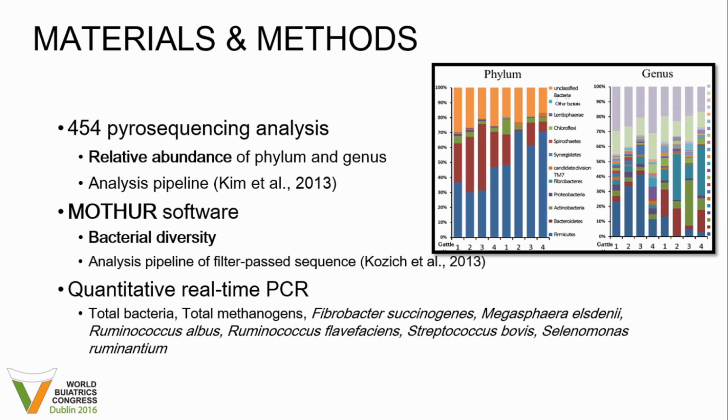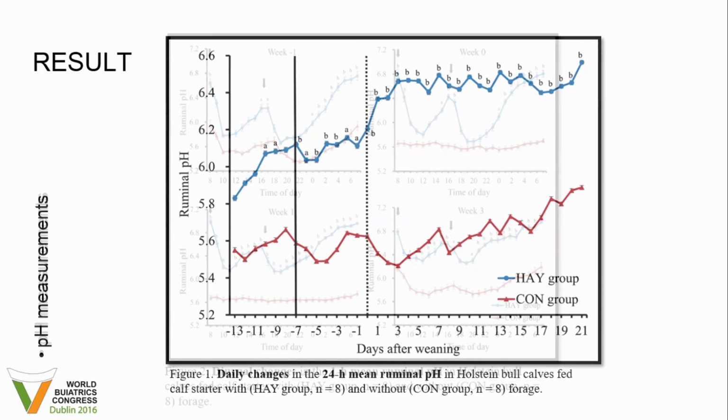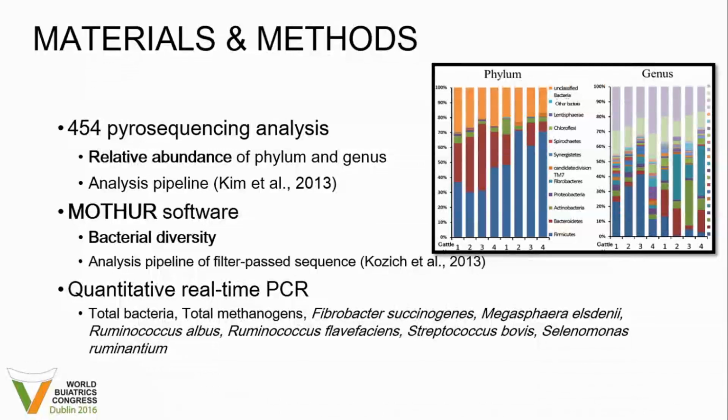The V1 and V2 regions of the 16S ribosomal RNA gene were amplified using the primers, and all sequencing reads were filtered by an analysis pipeline. Filtered sequences were processed using mothur software for the bacterial diversity analysis. Quantitative real-time PCR was performed to evaluate the bacterial copy number.